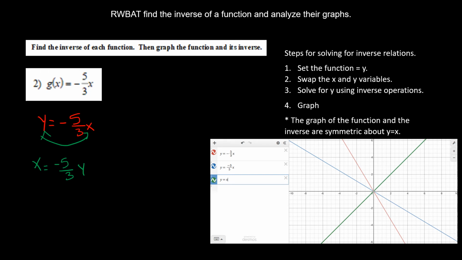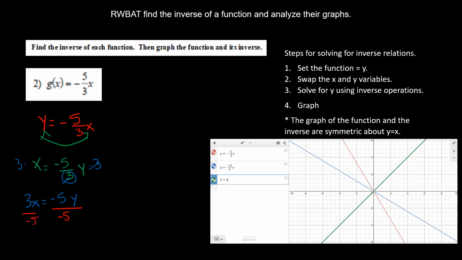If I want to simplify out this 3 in the denominator, I'm going to multiply both sides by 3. So I get 3x equals -5y. Why does this happen? Well, 3 over 3 simplifies out, which gives us 1 times -5, which is -5. Our next step, if I want to isolate y, is to divide both sides by -5.